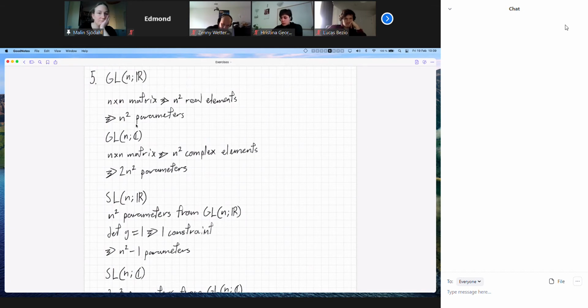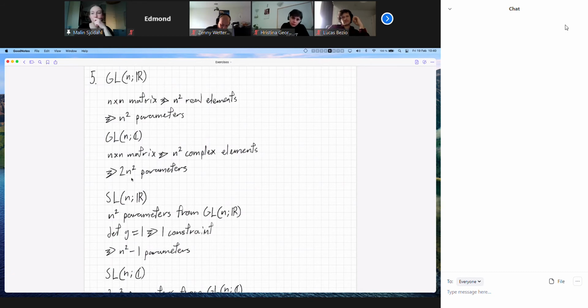So we simply have n squared parameters. While if we have complex elements, we have n squared complex elements, but each element has 2 real parts, so we have 2n squared parameters.